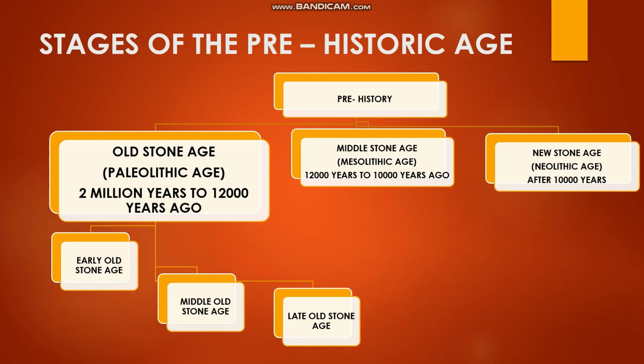New Stone Age began after 10,000 years. The Old Stone Age is divided into 3, that is Early Old Stone Age, Middle Old Stone Age and Late Old Stone Age.